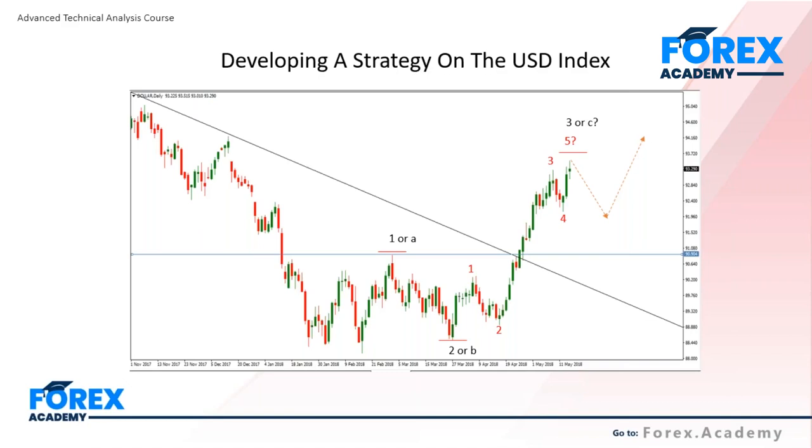If this is wave 5 up here, and also wave 3, that means that at some point the resistance will pull back, and that pullback will then potentially be wave 4, with the ultimate move to the topside marking wave 5.